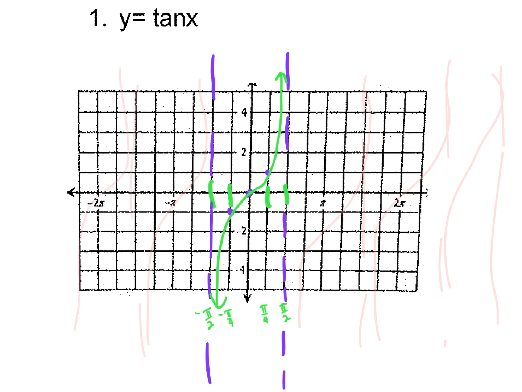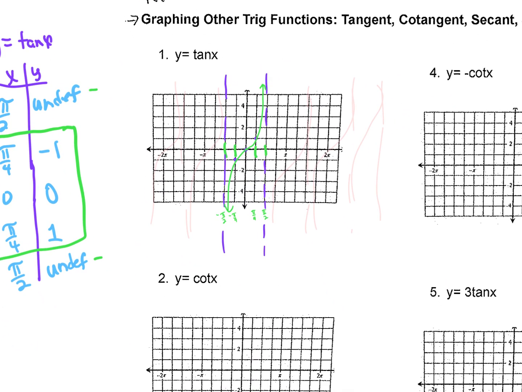But we're just showing that one period, okay? So if you actually look at this on a graphing calculator, you'll see that particular shape. I just didn't want you to be surprised if you're thinking it's just that one. All right, so that's for tangent.